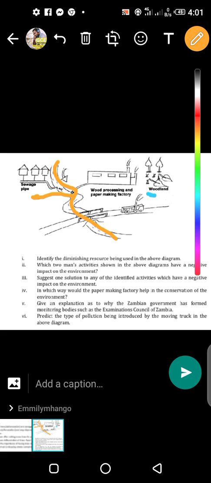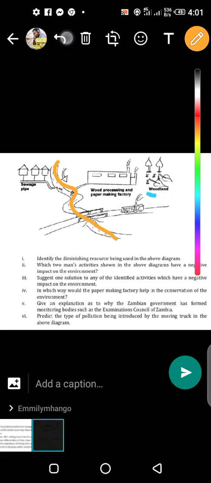So this river is going to be contaminated. That sewage pipe is removing wastewater, such as water from the toilet, water from the bathroom, water from the sinks. All that water is coming into the river.